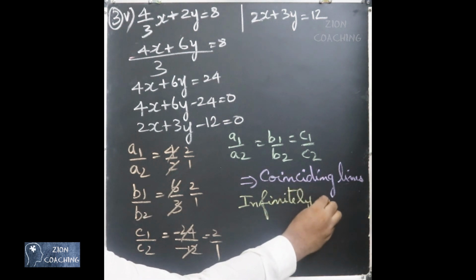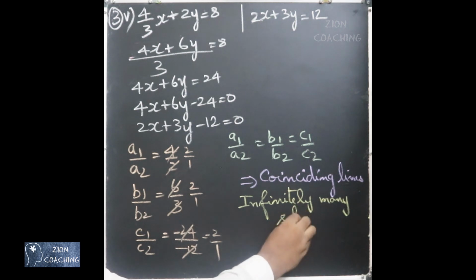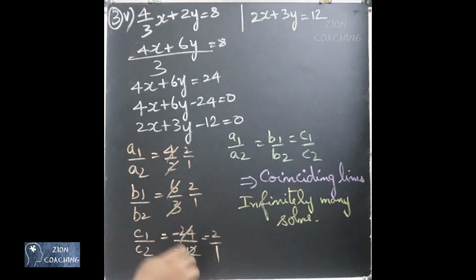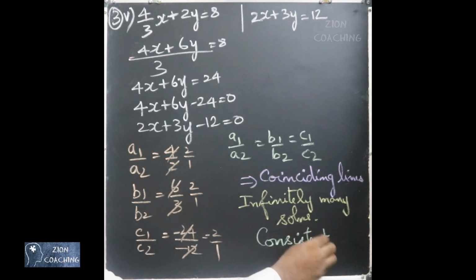Now if there are solutions, then they are said to be consistent. So since there are many solutions, we can say that the given set of equations are consistent. Given pair of lines are consistent.